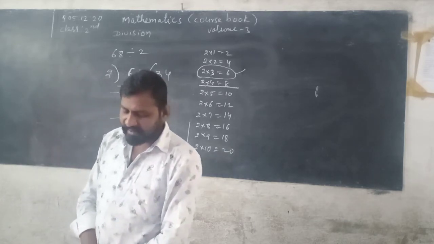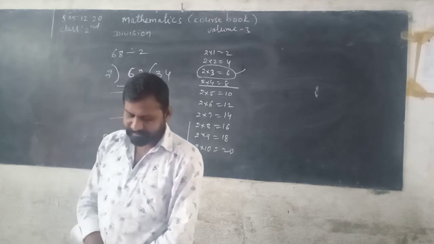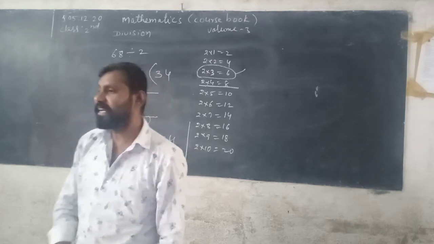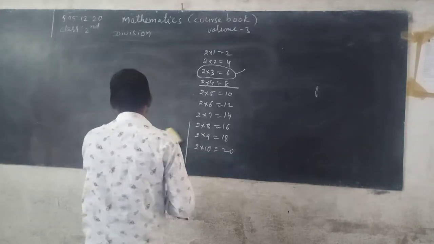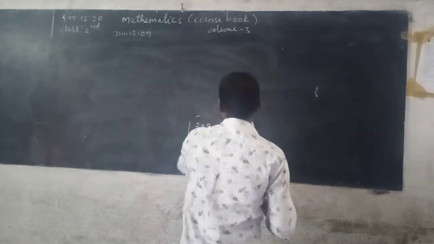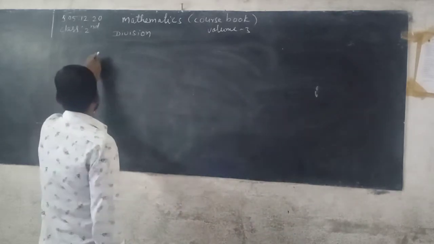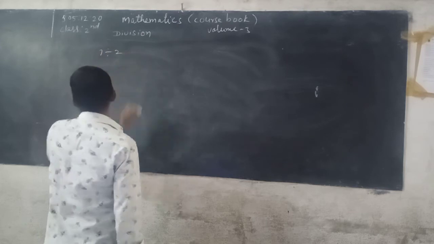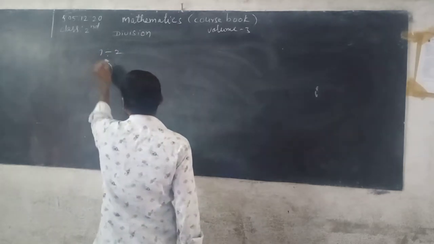Now next, when you cannot divide perfectly, you get a remainder. So for example, 7 divided by 2. Listen carefully. 2 is taken as the divisor and 7 is the dividend.